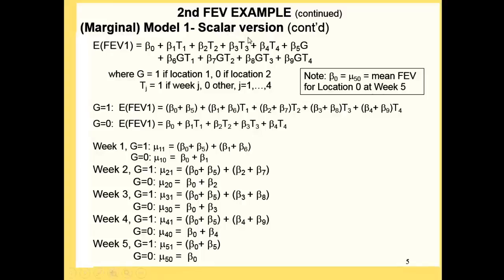So for location 0, if you want to say, what does this model look like for location 0? It looks like every one of these terms, beta 5G, every one of these other terms would drop out, right? Because G is equal to 0.